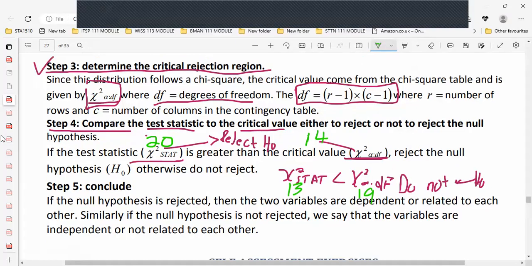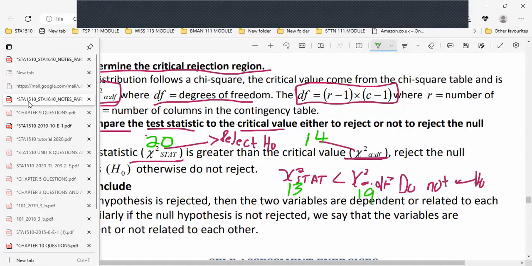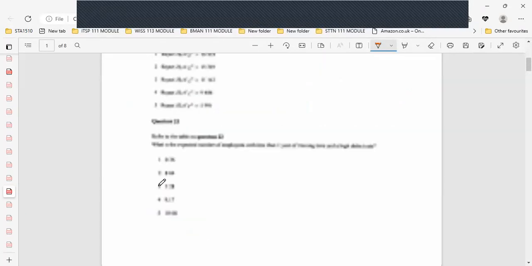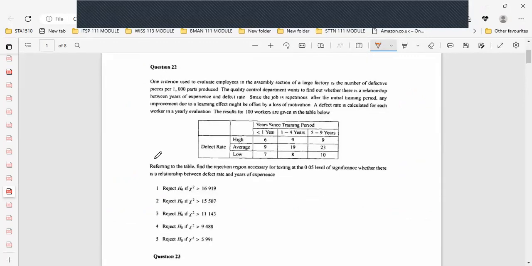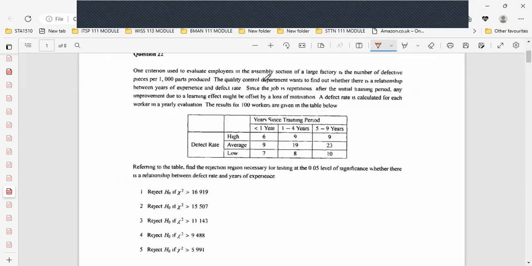Let's look at one question. Chapter 10, question 22. One criterion used to evaluate employees in the assembly section of a large factory is the number of defective pieces per 1,000 parts produced.